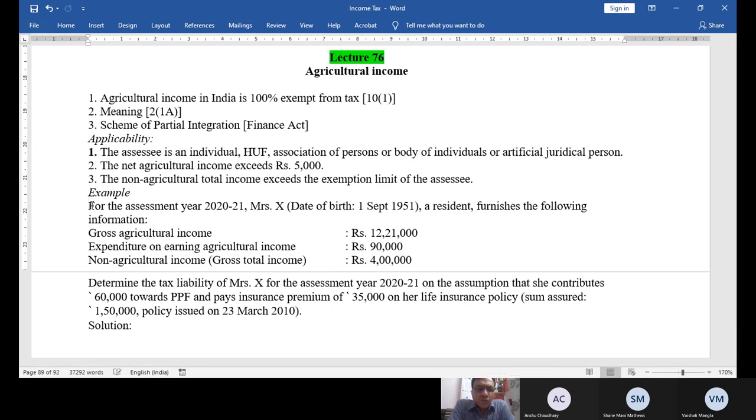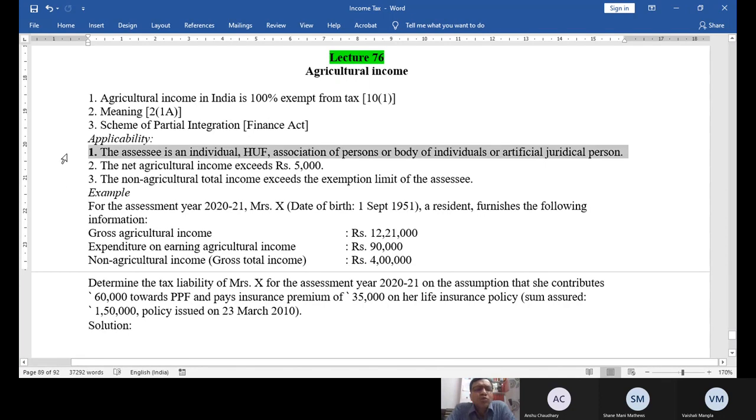Now, these three things you have to cover basically. And when this scheme is applicable, or how agricultural income helps me in computing my tax liability. Agricultural income will still remain tax free. It only helps me in computing my tax liability. Now, to whom is this scheme applicable? When I showed you the Finance Act, I showed you only individual and HUF.